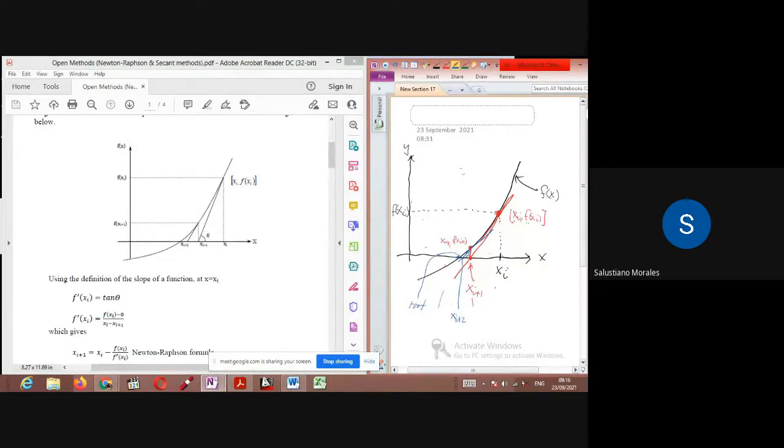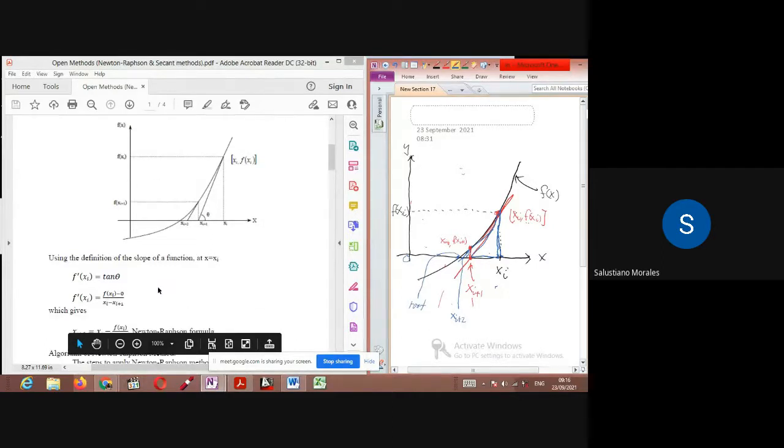So meron tayong triangle dito. So we have a triangle here. This one. So yung change of y natin is equal to f sub xi minus 0. And our change of x is xi minus xi plus 1. So we have now that formula here.